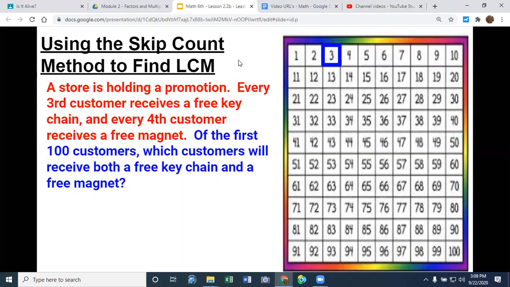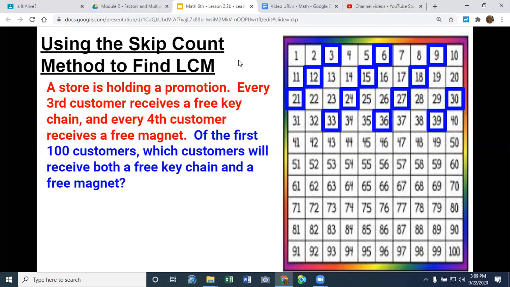So we're going to put the 3s as squares. 3, 6, 9, 12, 15, 18, 21, 24, 27, 30, 33, 36, 39, 42, 45, 48.